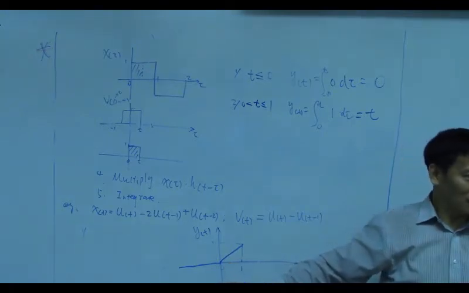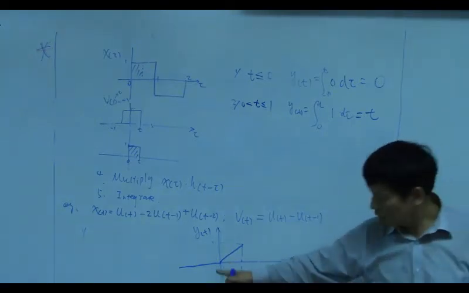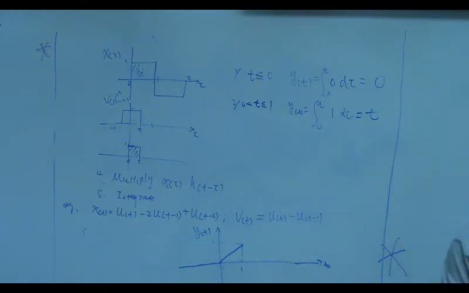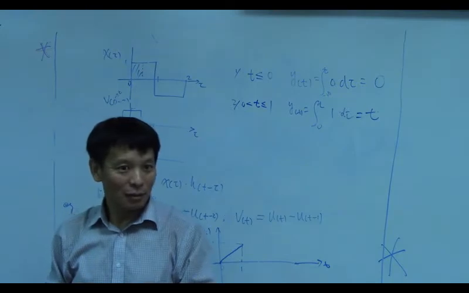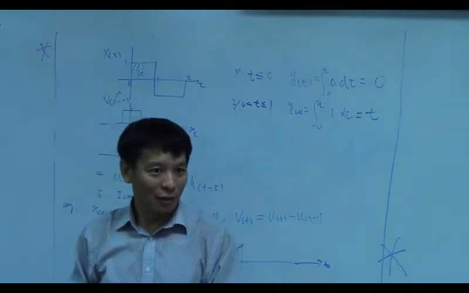When t equals 0.8, equals 0.8. So that is a linear straight line. Slope equals 1 because y equals t. Yes or no? Okay, good. Is this clear? No? Which part?